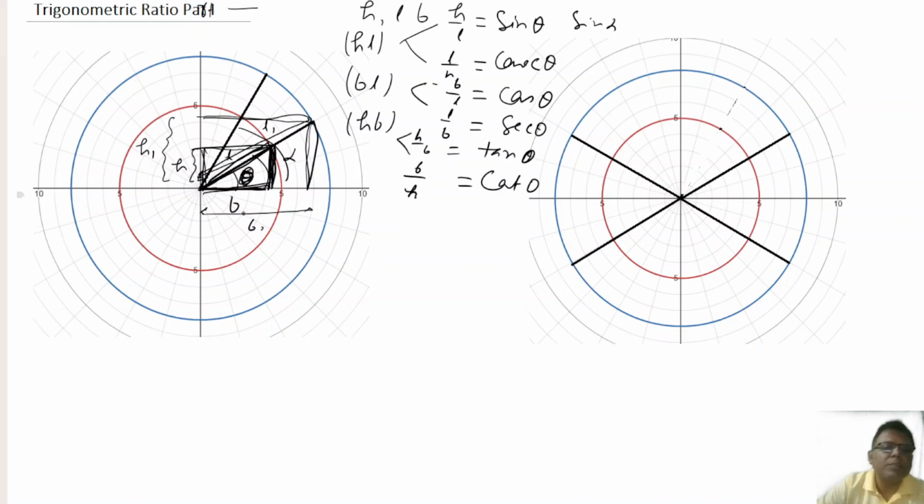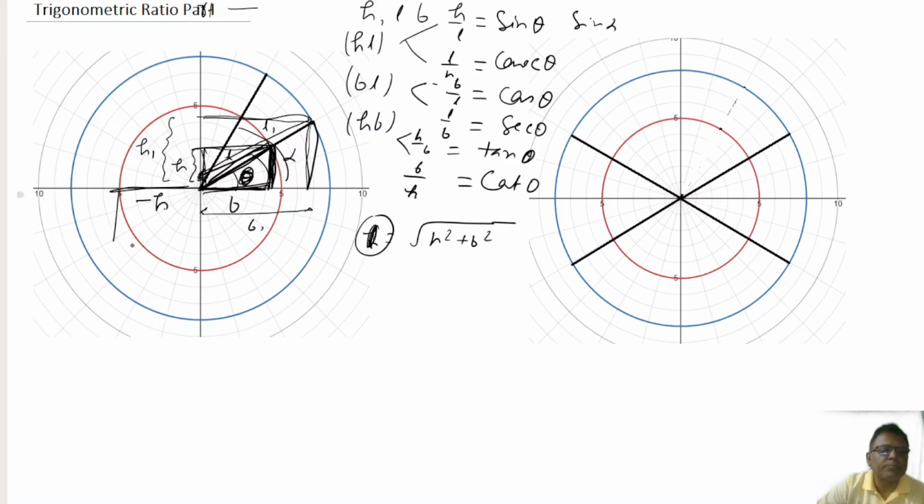Here we can see that L is always positive because L is root over H square plus B square. So L is always positive. H and B will change. Suppose it comes here, then B will be minus B and H will remain positive.